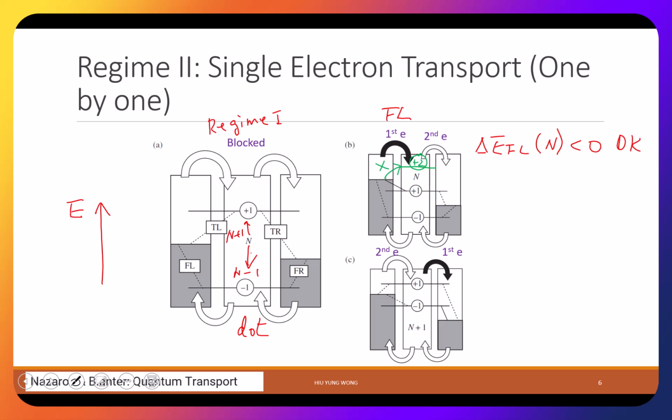No, because we talk about low temperature, so it's not about probability. You just cannot get there. If you had that probability, it would just be because of thermal noise, which we don't want. So you can only have one at a time. So here I want to say that delta E_FL,N+1 is larger than 0, so not okay. So only one electron.